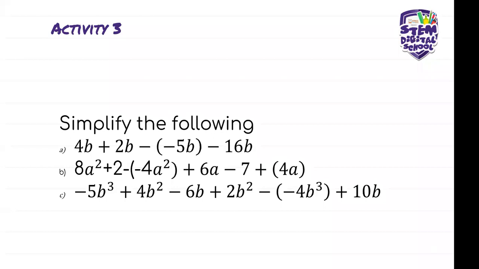So now I want us to simplify these algebraic expressions. We are given three of those: 4b plus 2b minus open bracket minus 5b, and then minus 16b, and of course followed by 8a squared plus 2 minus, and then open bracket, minus 4a squared plus 6a minus 7 plus 4a.